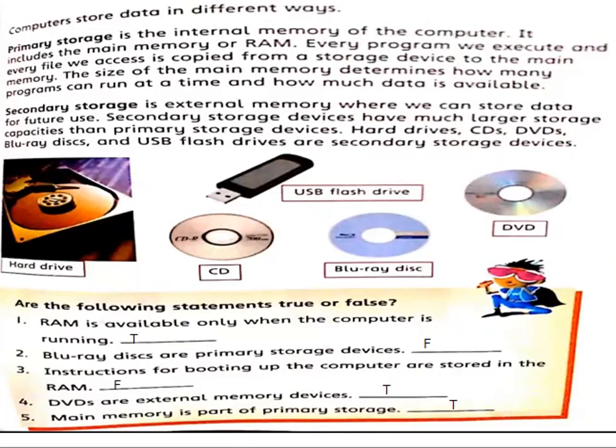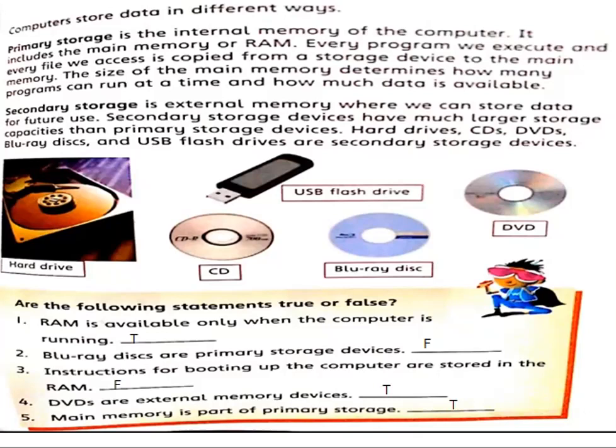So primary memory can be permanent or temporary, but the secondary memory or storage is always a permanent memory. Primary storage is the internal memory of the computer, and the secondary storage is the external memory of the computer. And the examples of secondary storage devices are USB flash drives, DVDs, CDs, Blu-ray disc, and hard drives, whose pictures are also shown on the screen.